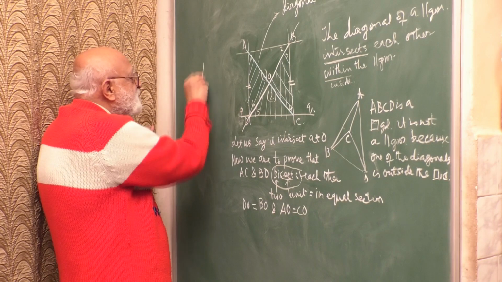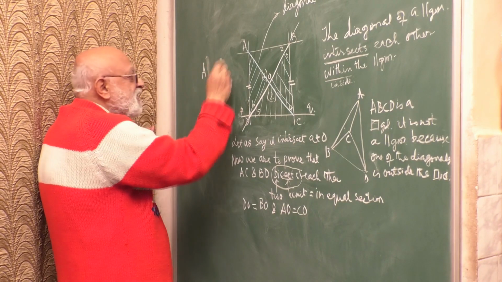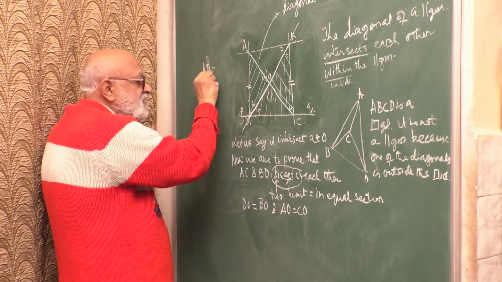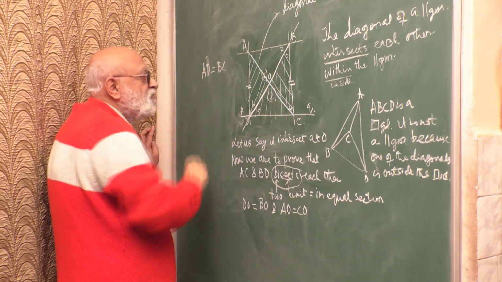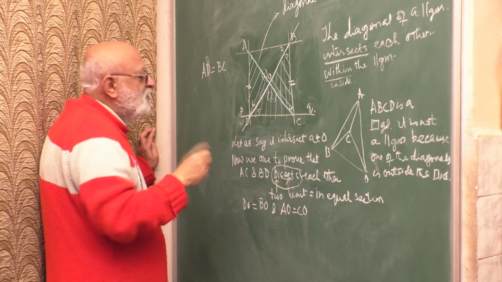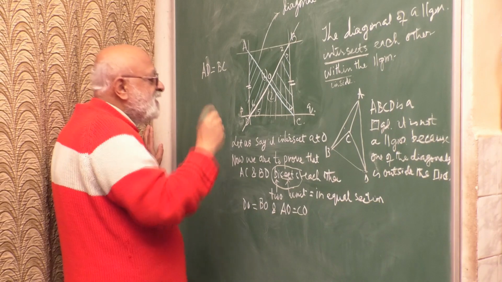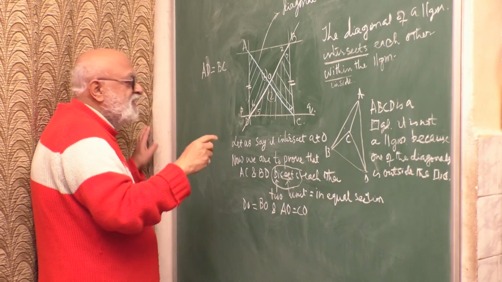We know it's a parallelogram. So side AD is equal to BC. Because this is a parallelogram, we have not yet proven the angles are 90 degrees.